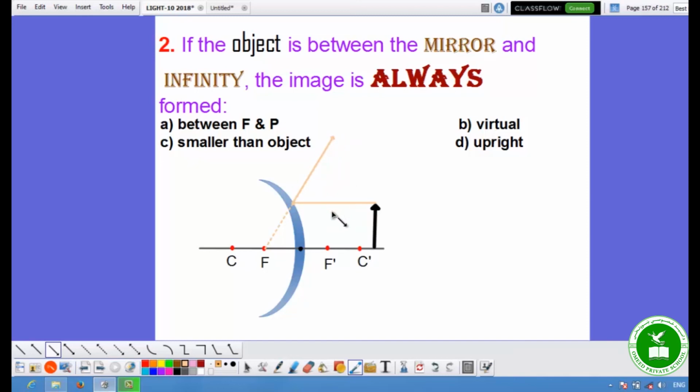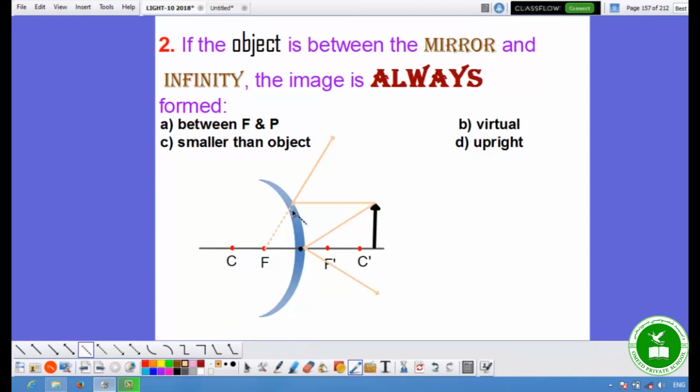Another special ray was, you remember, if the incident ray makes one angle with the principal axis, then the reflected ray will also make the same angle with the principal axis, right? Let's take these two angles the same. Now you see this is one reflected ray and this is another reflected ray, and they never intersect each other. If they never intersect each other, they cannot form an image. Then what should we do?